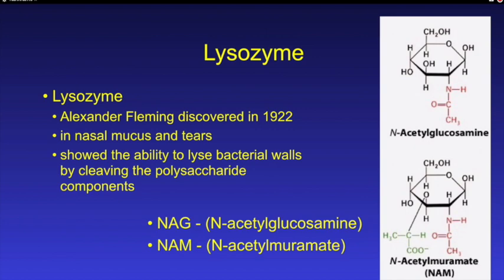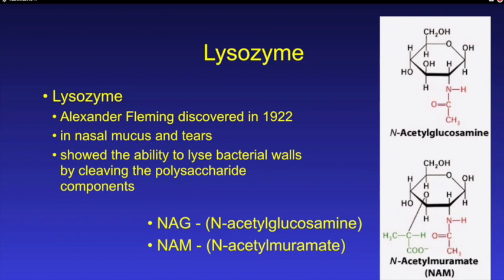The two sugars that we need to know are NAG and NAM, N-acetylglucosamine and N-acetylmuramic acid. And when we take a look at this, what is the difference? Glucosamine has glucose as its base, and has an amine and an acetyl group. And so that is one.